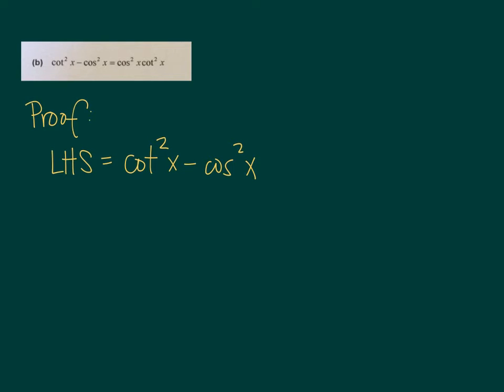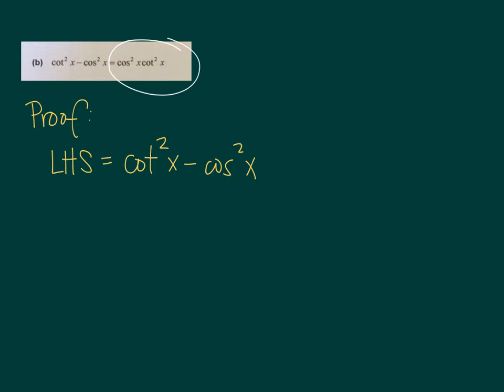So if your first step is different to my first step, it should not be a problem, because our goal is whatever steps that we will be using in proving, we should end with the cosine squared x times cotangent squared x, and that is the one on the right hand side. That's the only goal. Okay, the steps could vary, but the main goal is to transform the left hand side into cosine squared x times cotangent squared x.